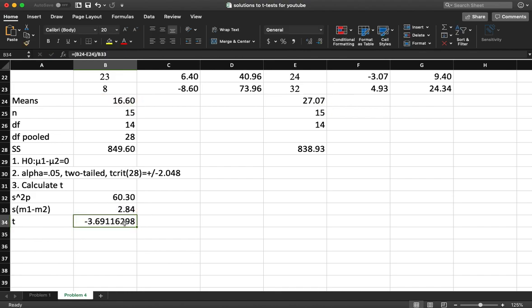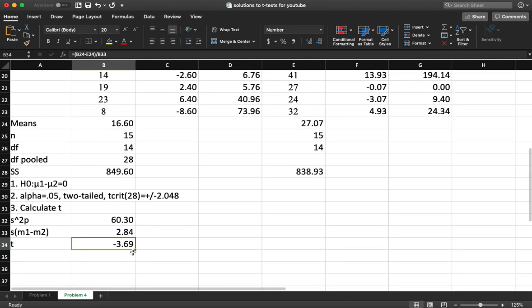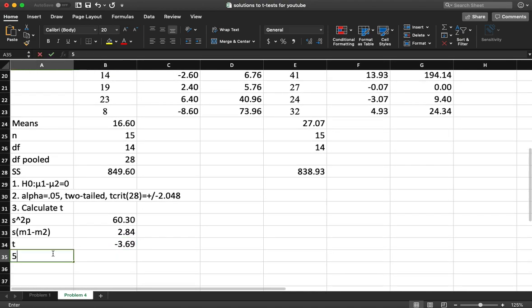And look, we get a negative number there because this group had lower life satisfaction than did this group. But is it significant? Well, it turns out negative 3.69 is less than positive 2.048, but it's more negative than negative 2.048. So we're going to, for our step 4, reject the null.